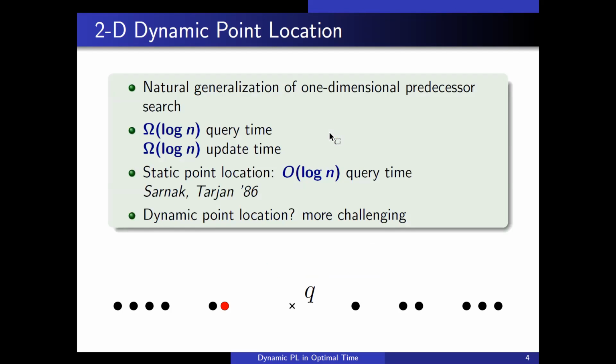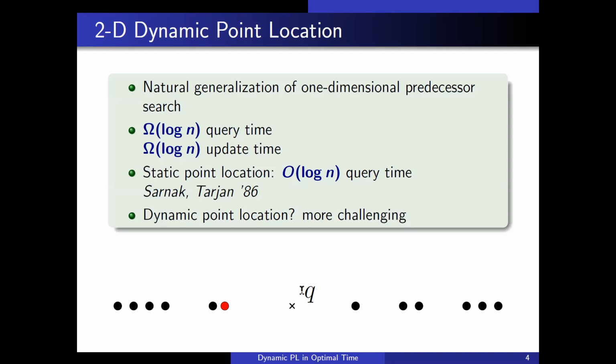So the 2D point location problem can actually be viewed as a generalization of one-dimensional predecessor search. An example of the predecessor problem is shown here below in the slide. In this problem, we store a set of one-dimensional points.